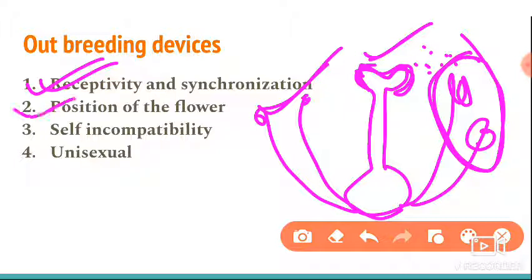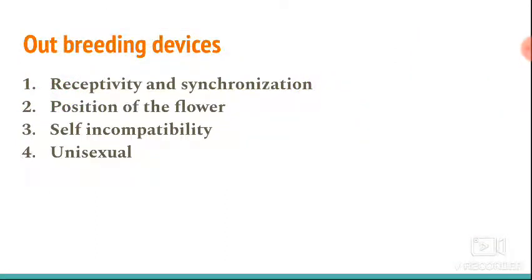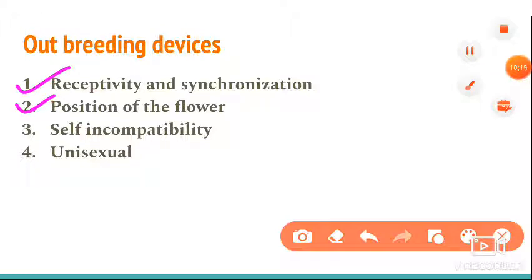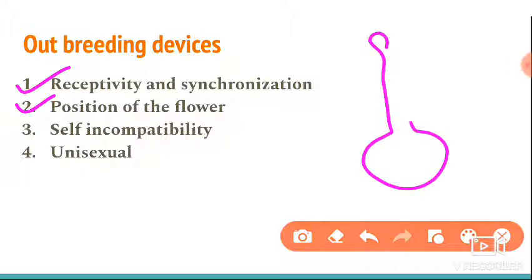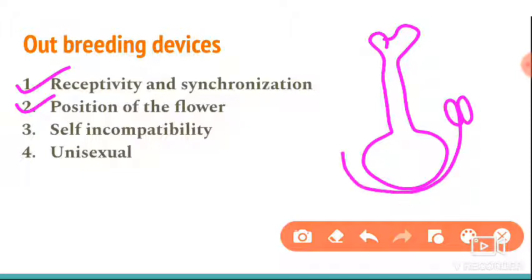Coming to the second one, the position of the flower, or the position of the reproductive organs. The position can vary here. For example, this is the female reproductive part, that is the gynoecium, and this is the male reproductive part, that is the androecium.